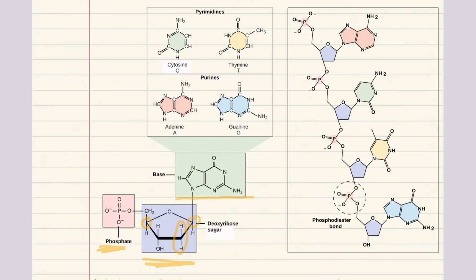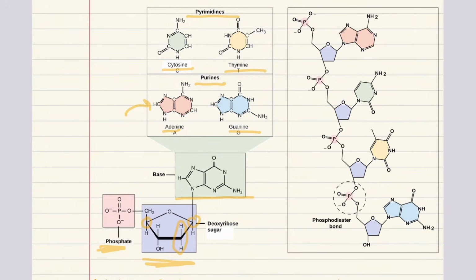Now, the nitrogenous bases, they include purines like adenine and guanine. And you'll notice that purines, they have 2 ring structures. And then the other category of nitrogenous bases we discussed are pyrimidines. And for DNA, that includes cytosine and thymine. These are 1 ring structures.